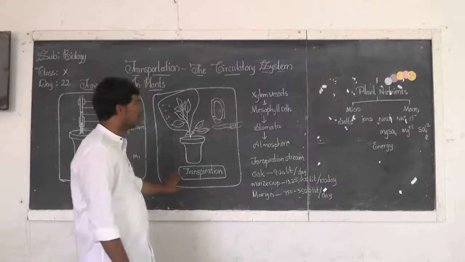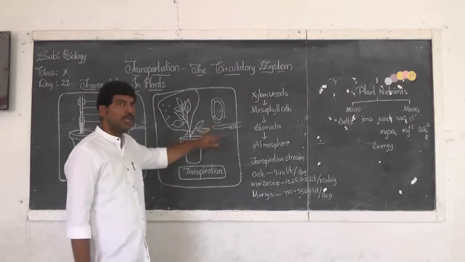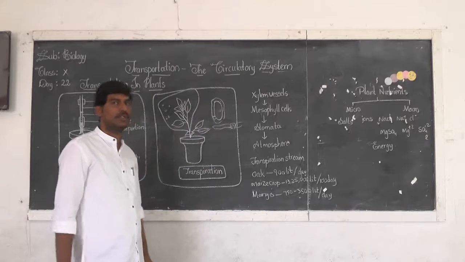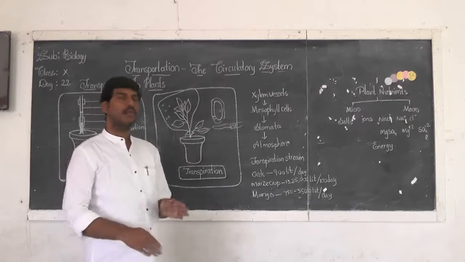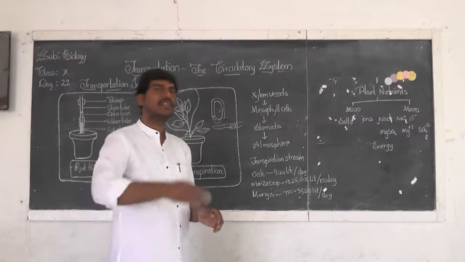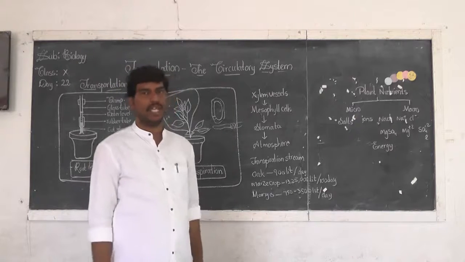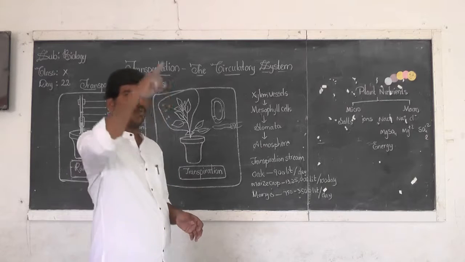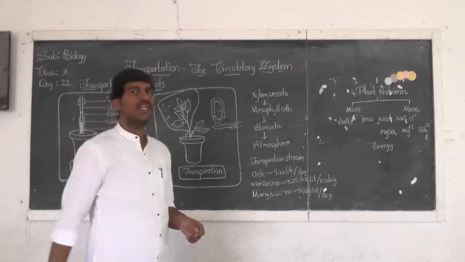As water is pulled out, the water from below is once again pulled up. Like this, a water column is set up, continuous without any break from the root hair till the tip of the leaf.